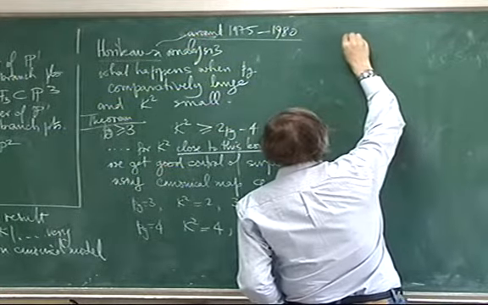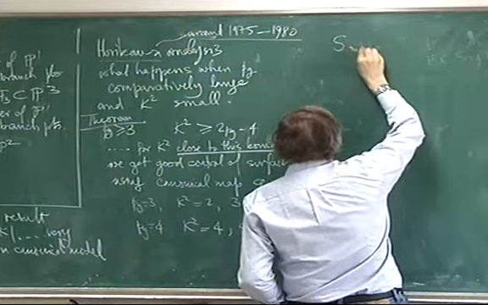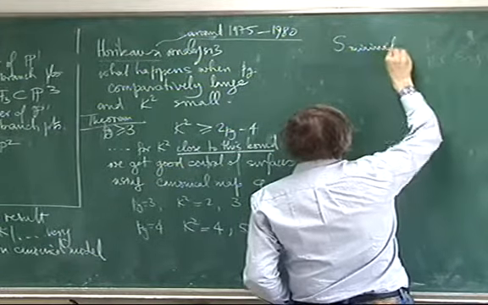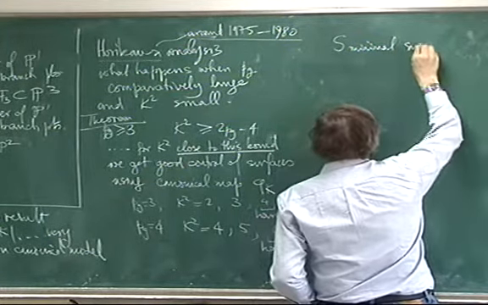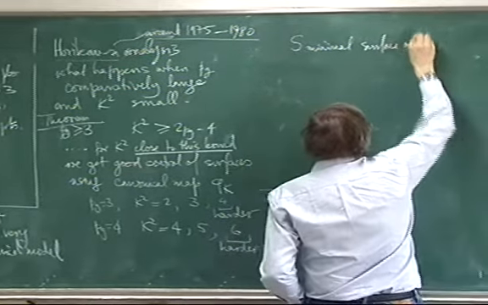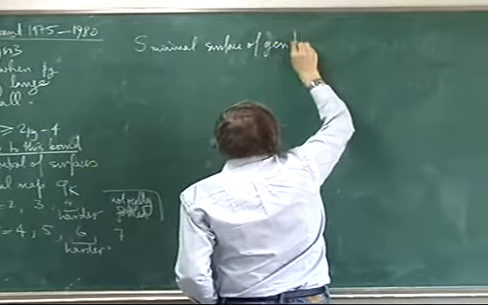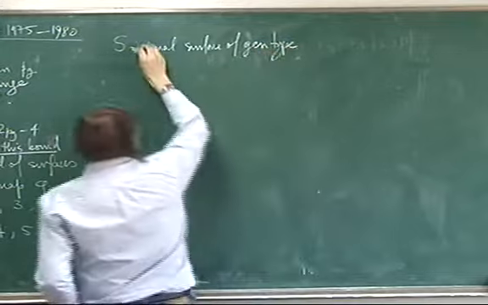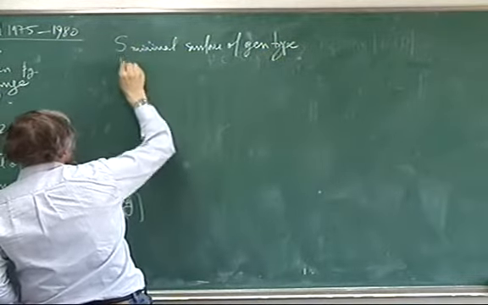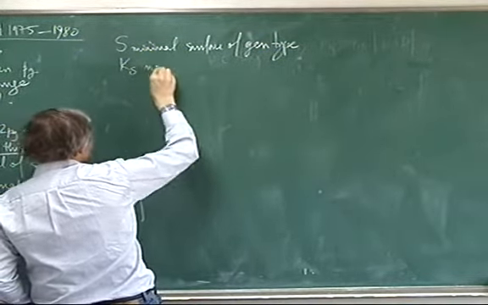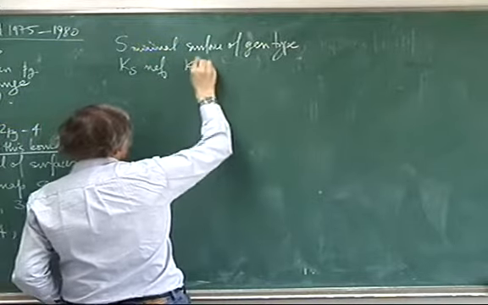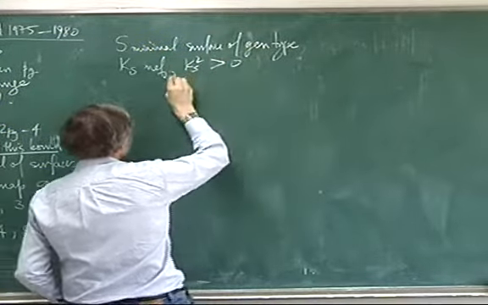I'm going to assume that S is a minimal non-singular surface of general type. This means essentially by definition that K_S is nef.